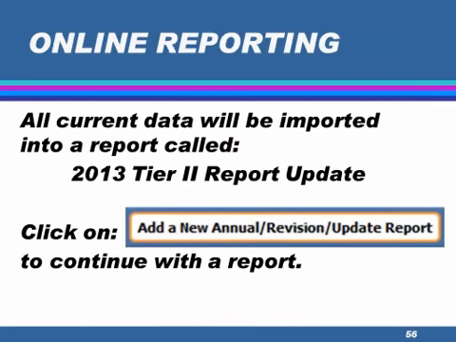One thing, I don't have slides with screenshots because I didn't have the program early enough to include those here. But this information is kind of important. Every facility that was in our database when we migrated to the new program a couple of weeks ago, for every facility there is a 2013 Tier 2 report update that has been completed.